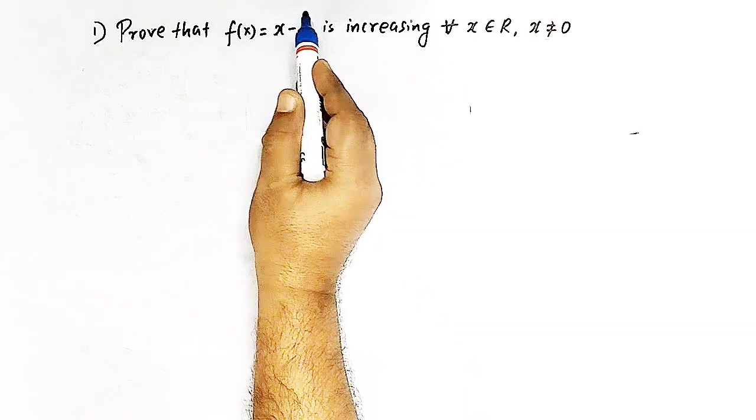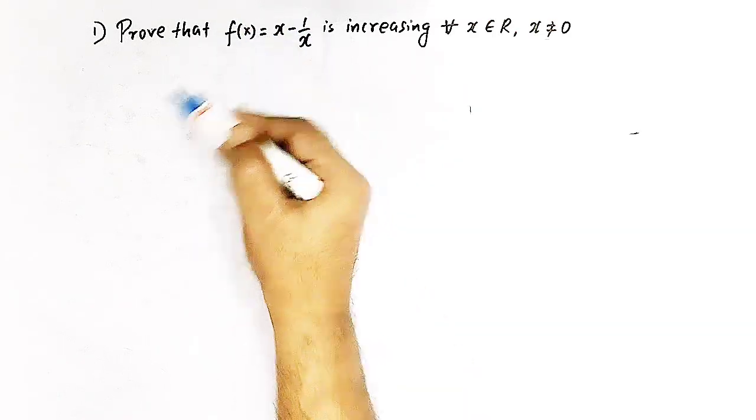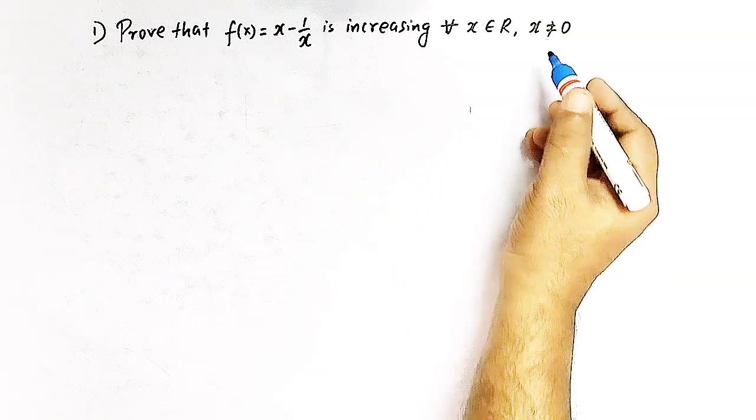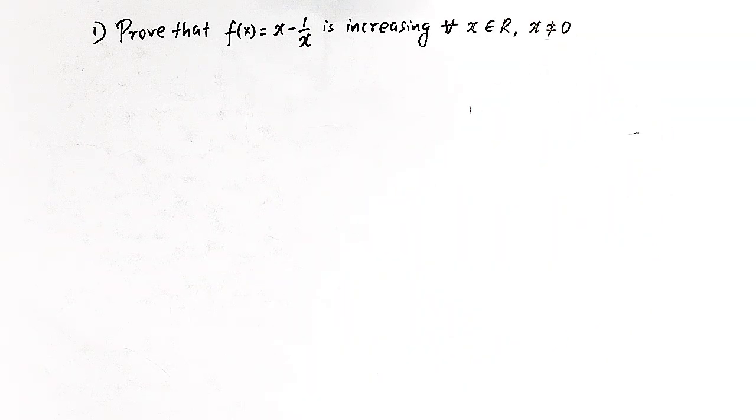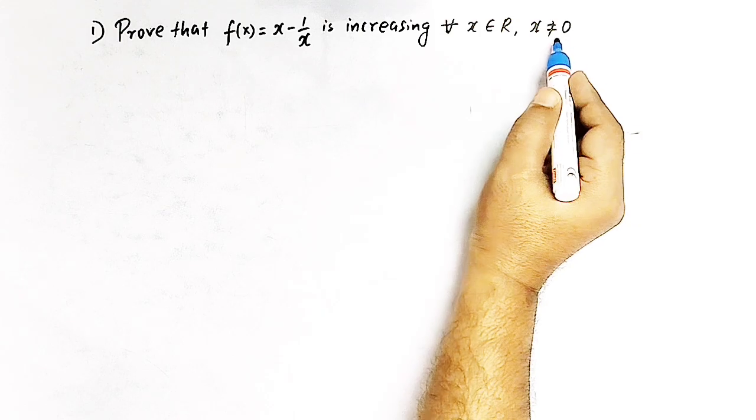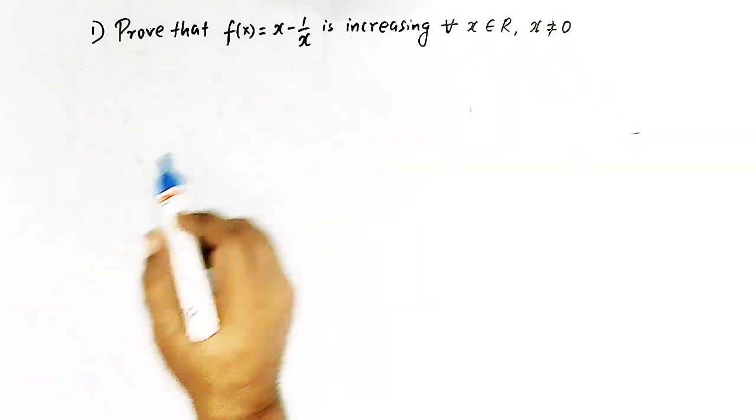So here the domain of this function is given by the set of all real numbers excluding x is equal to 0. So now here this function is not defined for x is equal to 0, right?